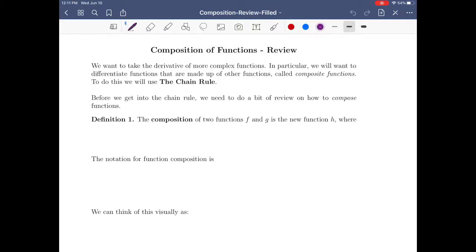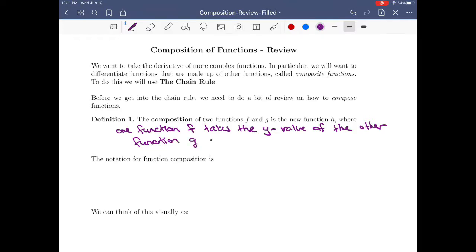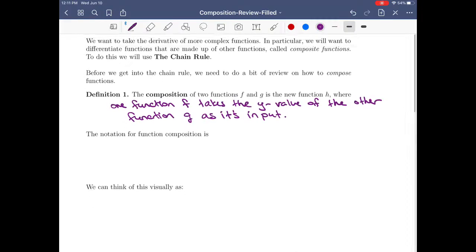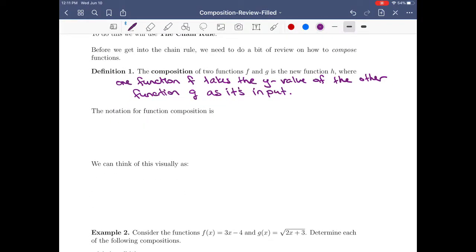A composition of two functions, f and g, is a new function h, where one function, let's say f, takes the y value of the other function, so it's g in this case, as its input. What I mean by that is seen in the notation.